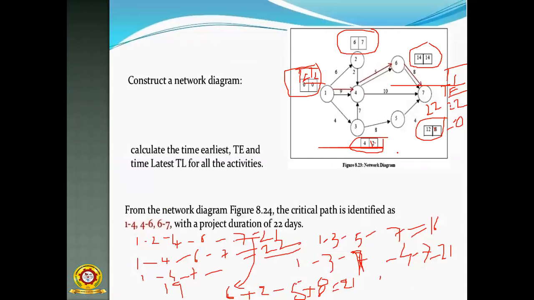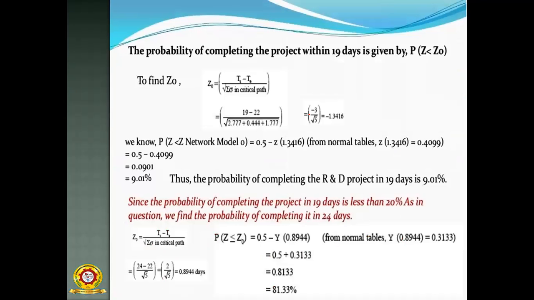Then after that, how do you find the probability? Z equals TS minus TE divided by sigma, the square root of the total variance of the critical path. Finally, you have to apply the root also.